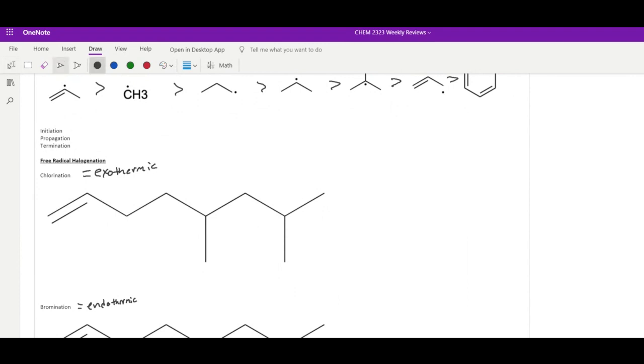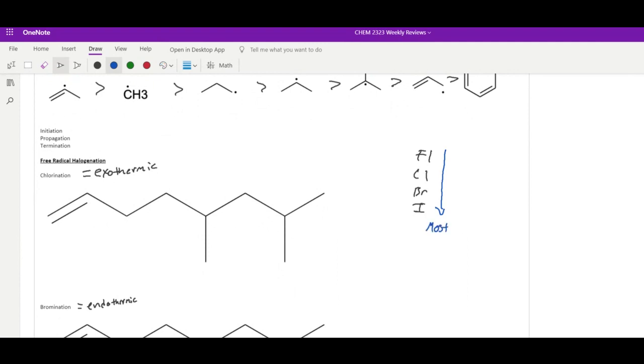Now let's quickly draw fluorine, chlorine, bromine, iodine. As you go down, you increase selectivity.